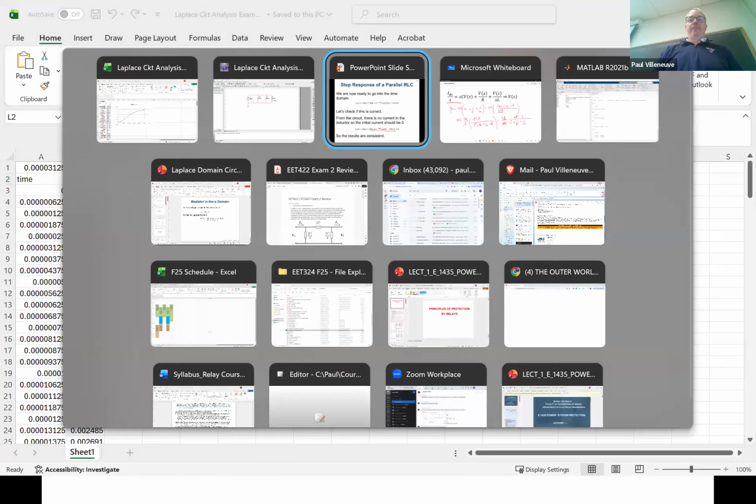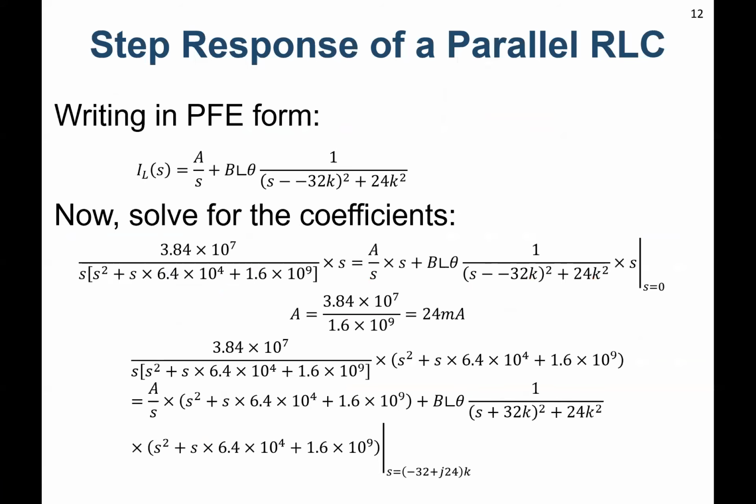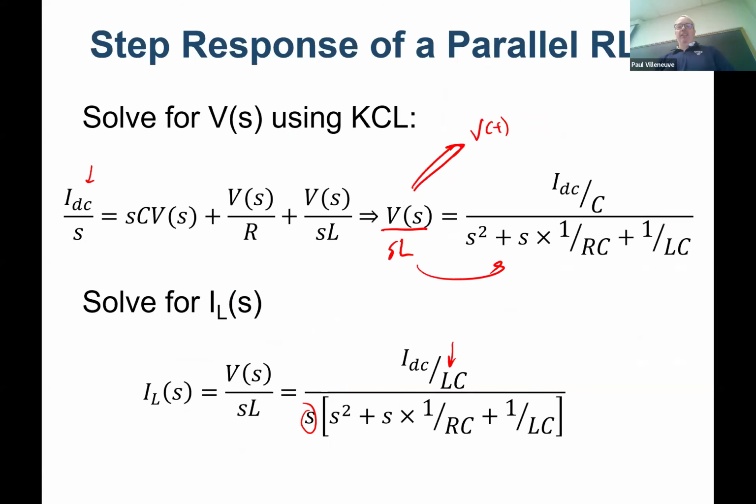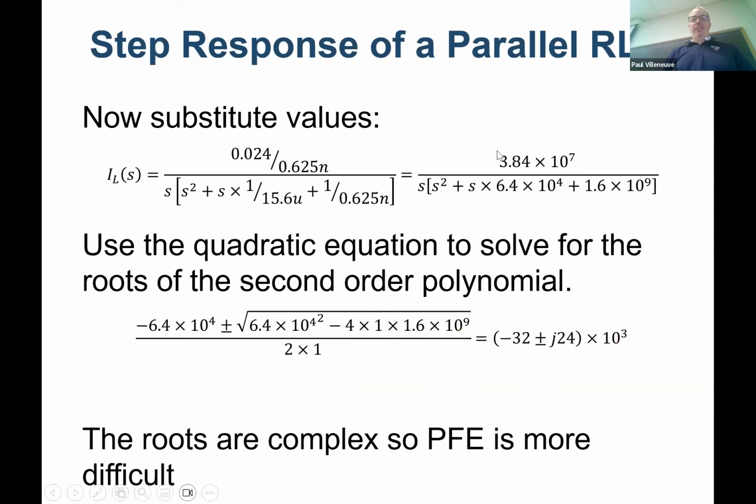It's not the current. The time constant. It is the time constant, right? When we did the partial fraction expansion, we ended up with a real part of 32,000, so that is our equivalent time constant for the second order circuit.